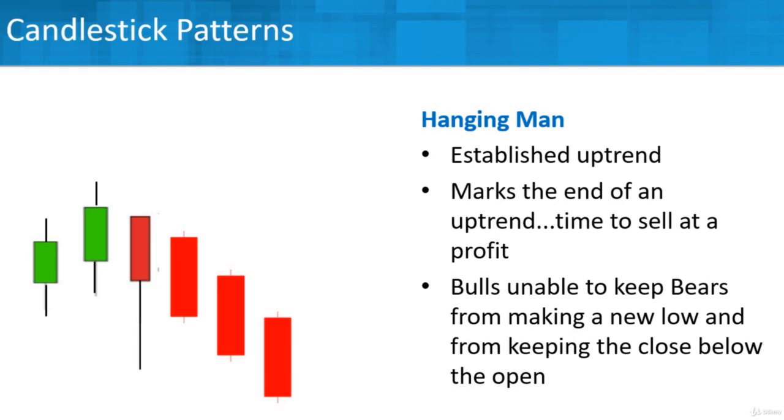What's happening is the bulls, or people who have faith in the security, are unable to keep the bears from making a new low and from keeping the close below the open. They want to continue that uptrend, but the uptrend doesn't continue. You have, again, very low lows. It looks like the hammer, where you have a shaven top and a long wick on the lower shadow on the bottom.